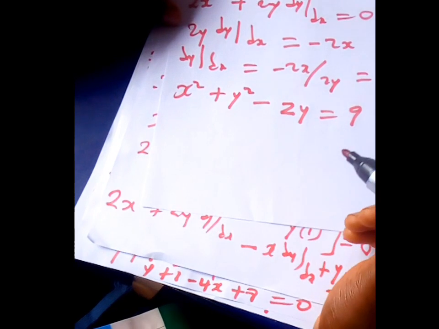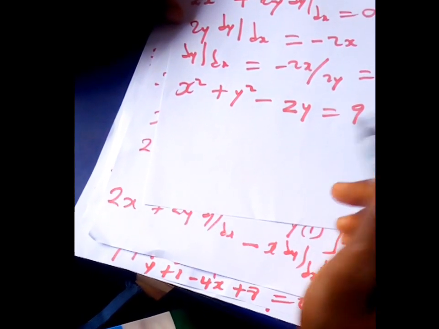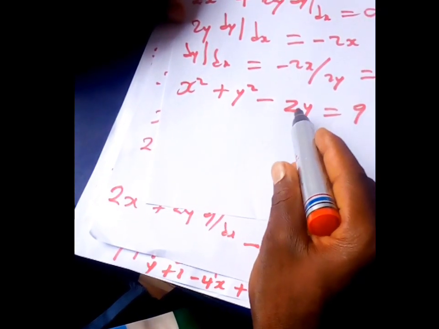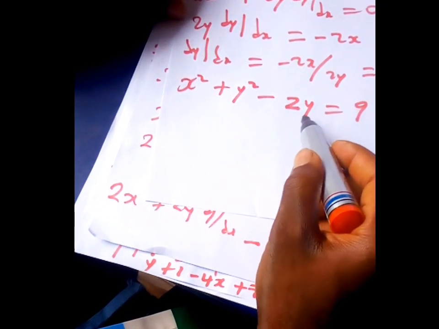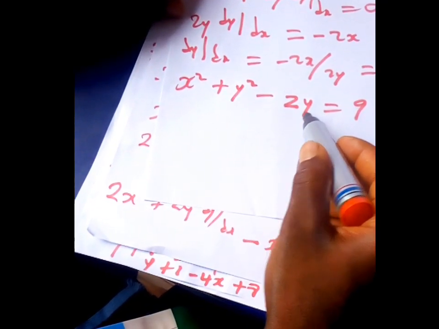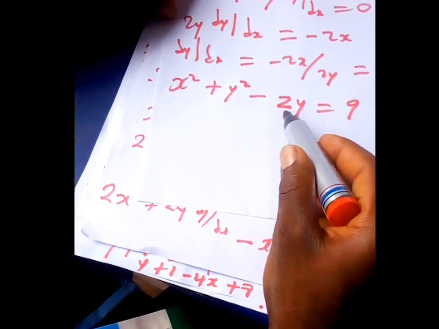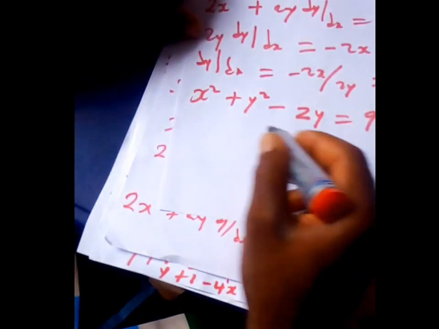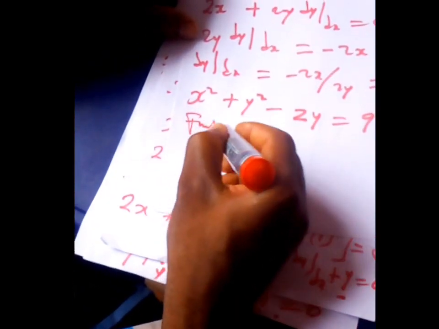How do we solve this particular function separately? You solve separately by keeping x constant and differentiating y, and keeping y constant and differentiating x. Now, let's find the dy dx of this function.